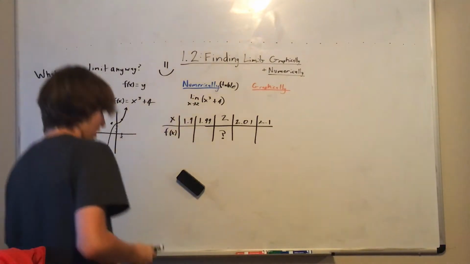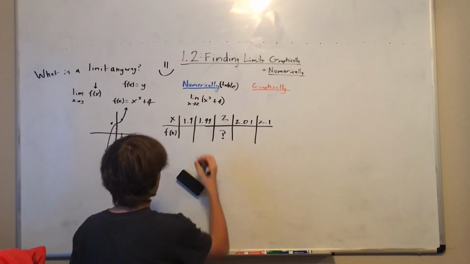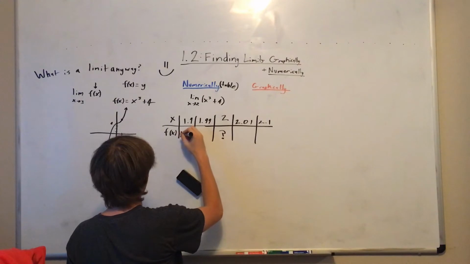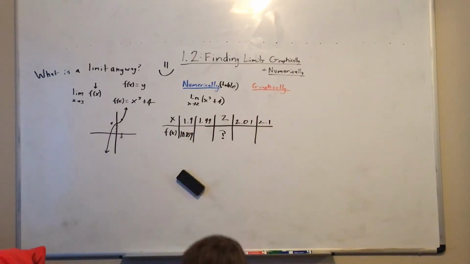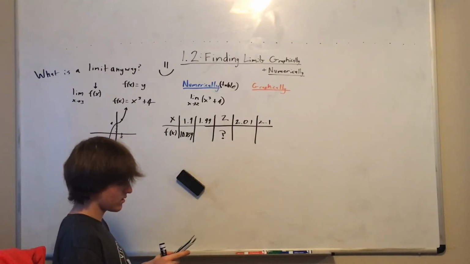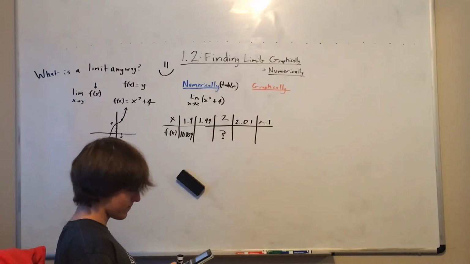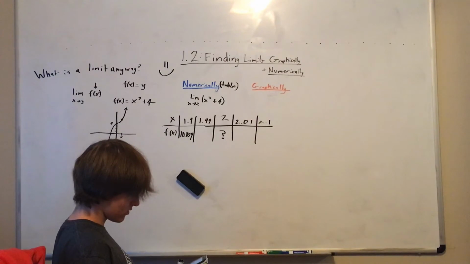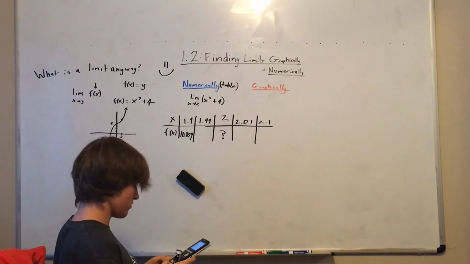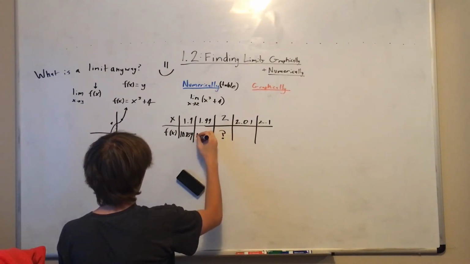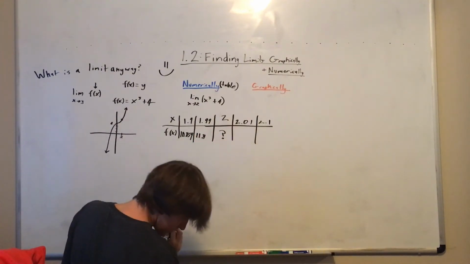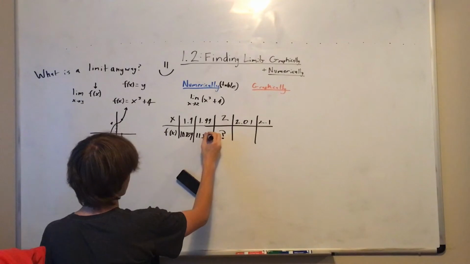So then what you're going to end up getting here is about 10.859. Now let's try the same thing with 1.99. Let's see here. You're going to get about 11.881.